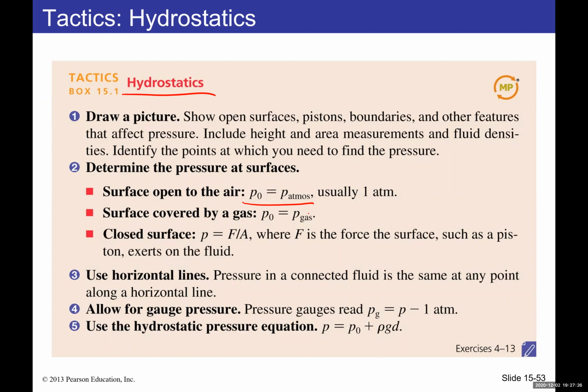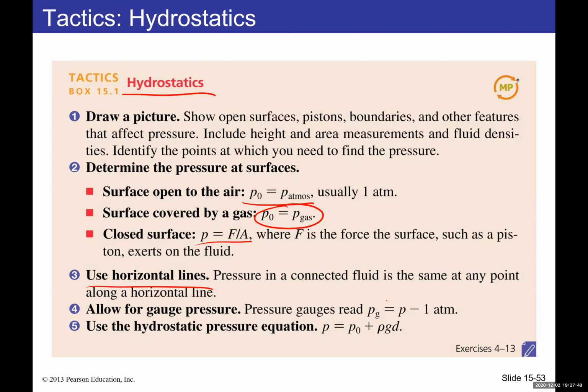If the surface is covered by gas, then we can just say that the pressure is that of the gas. If it's a closed surface, then pressure equals F over A, where F is the force the surface, such as a piston, exerts on the fluid. Remember, the pressure along the same horizontal line is always the same.